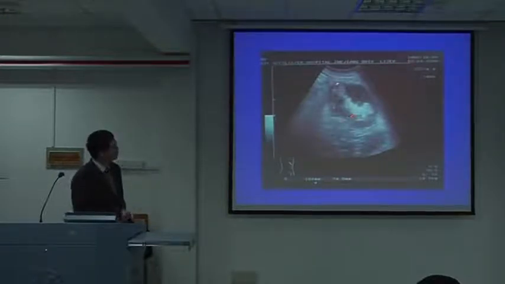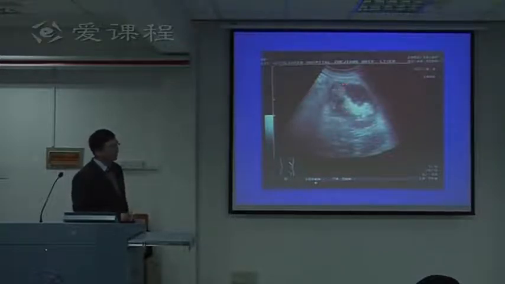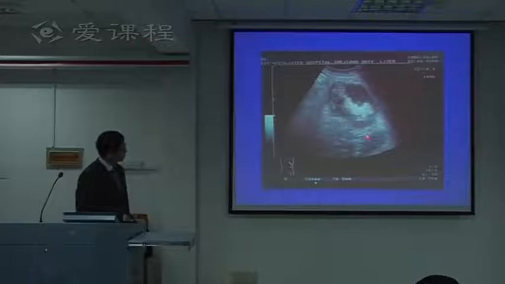So in a pseudocyst, you can see the pancreas, maybe edematous, maybe necrotic, and a lot of fluid exudate, surrounded by fibrous tissue or granular tissue or other organs, maybe the stomach, maybe the transverse colon. So it is surrounded by other tissue.